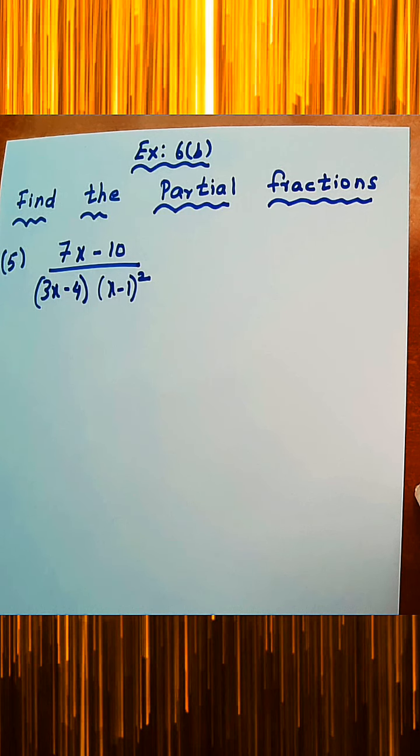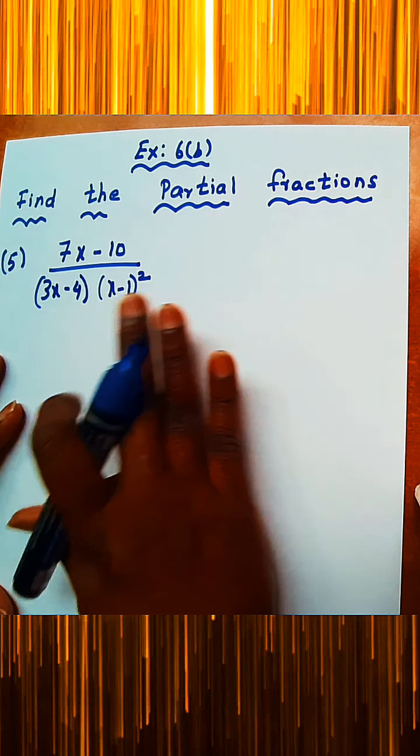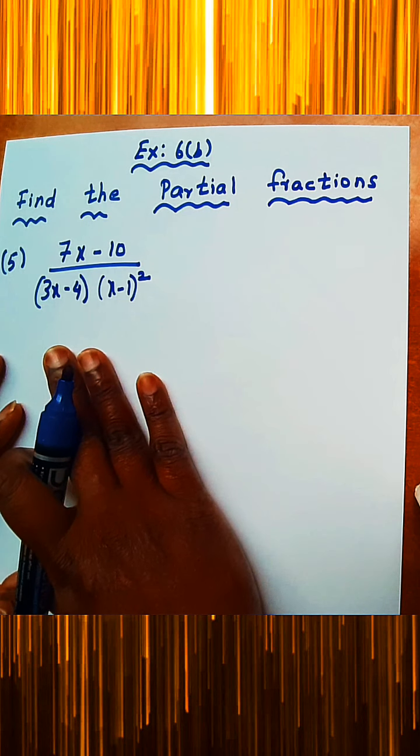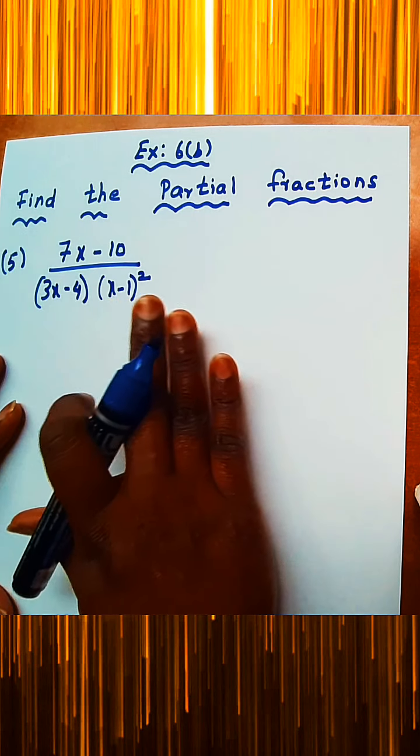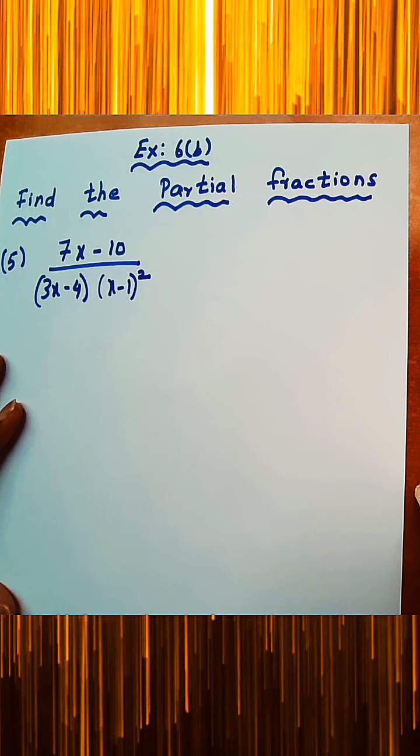Now find the partial fractions. This is the question, Exercise 6b, page number 67. Find the partial fractions of 7x minus 10 divided by 3x minus 4 times x minus 1 the whole square. First we have to check whether it's a proper fraction or not.